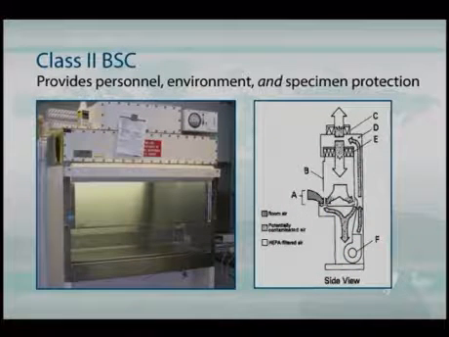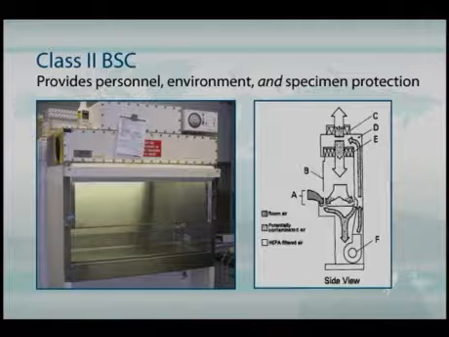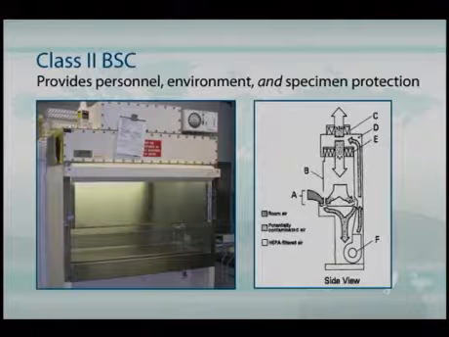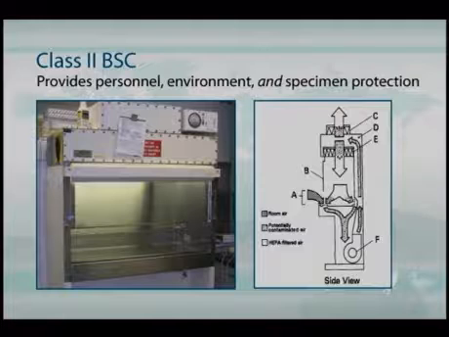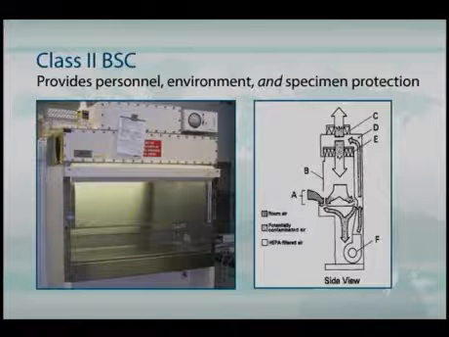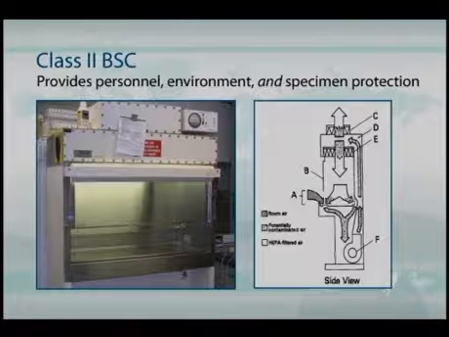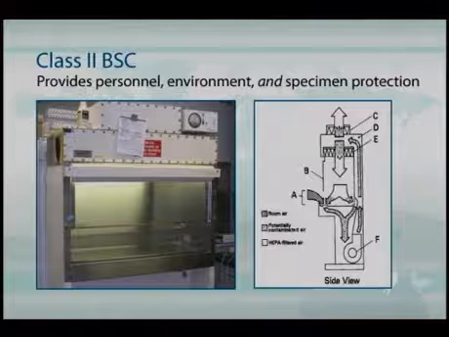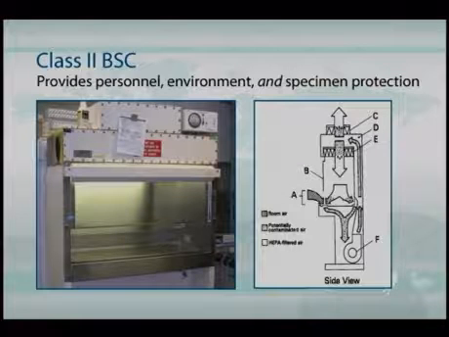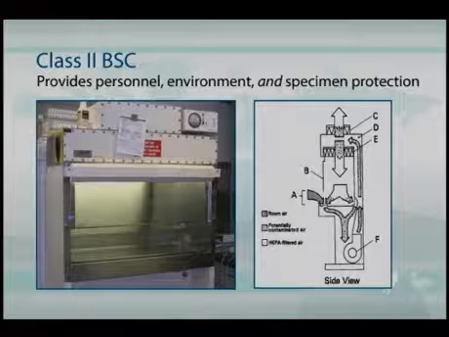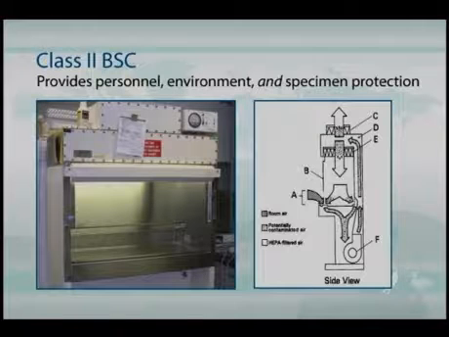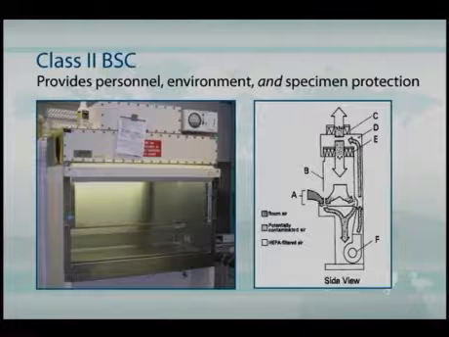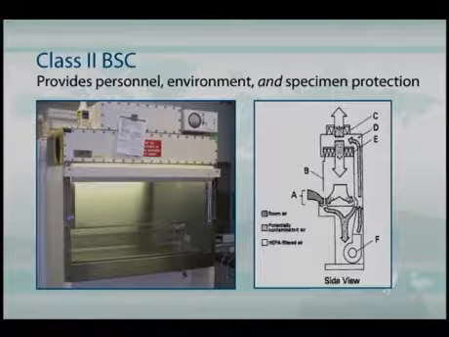This is a picture of a BSC Class 2 cabinet. The idea of this cabinet is both to protect the worker, to protect the specimen that you're working on, and to protect the environment. So we see from this diagram that the air that enters the cabinet comes from the room, and this air moving in the direction to the inside of the cabinet protects the operator from exposure to whatever is being worked on in the cabinet.